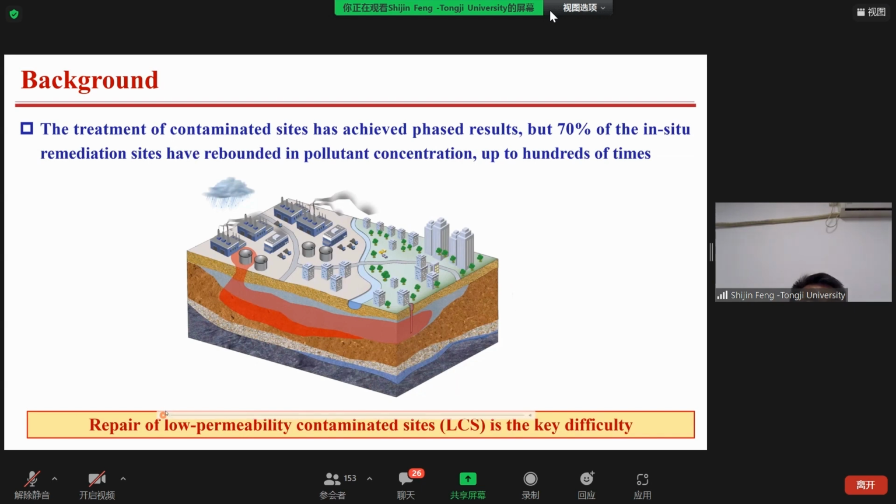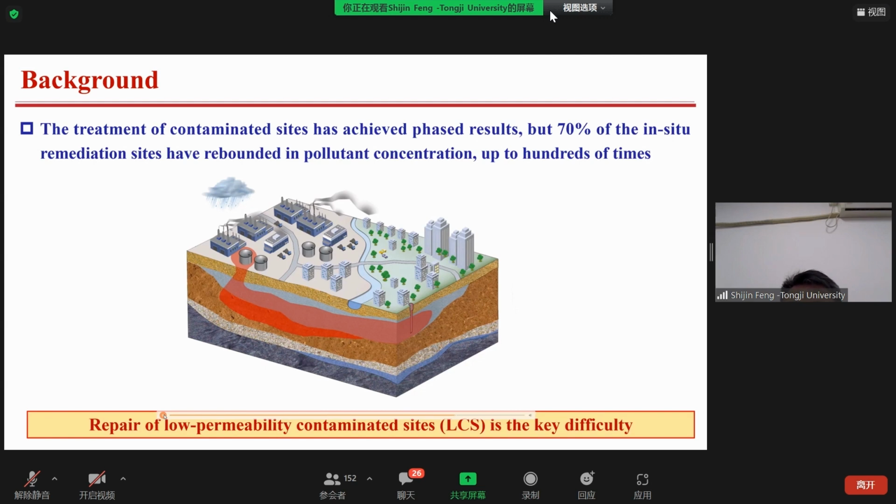70% of the in-situ remediation sites have rebounded in pollutant concentration up to hundreds of times. The reason is that it's difficult to transport substances in low permeability formations.